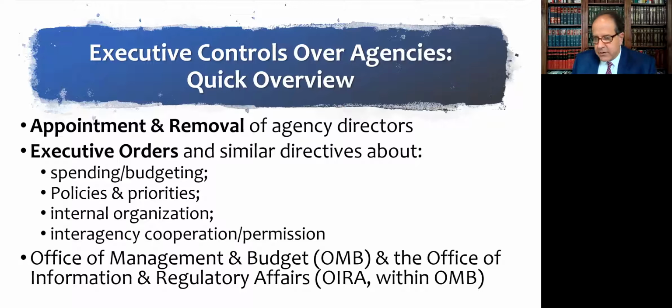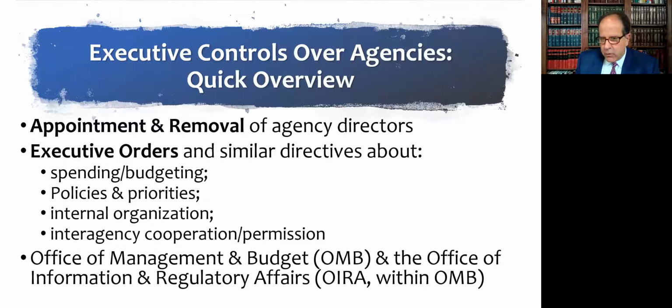Or where the president tells the EPA, the Environmental Protection Agency, to collaborate with the Department of Transportation on making regulations about fuel-efficient cars, or tailpipe emissions for cars or things like that. So the president can order agencies to work together, or even say one agency can't do something unless the other agency signs off on it.